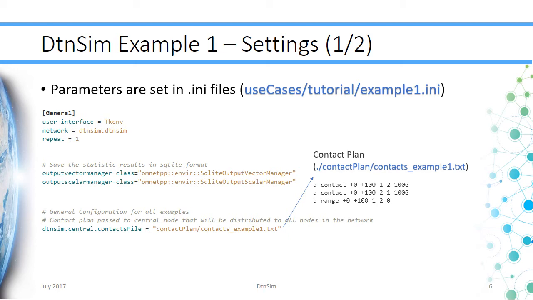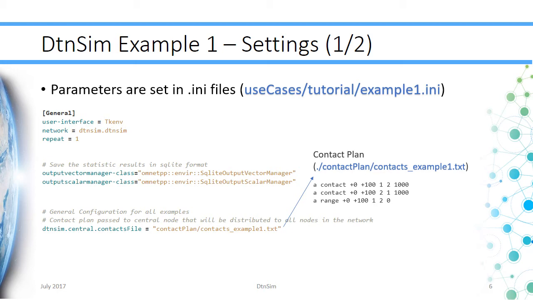The contact plan is the expected topology of what the connectivity is going to be like in the simulated network. In this example, the contact plan is encoded in a text file, which is included in the contact plan directory within the same tutorial directory.